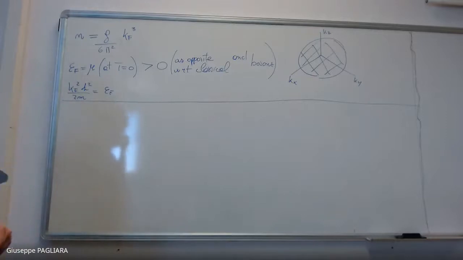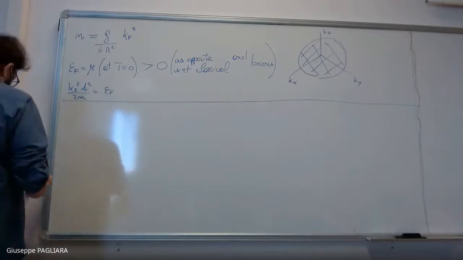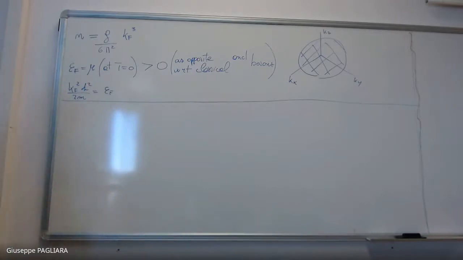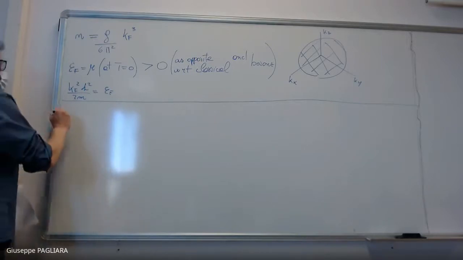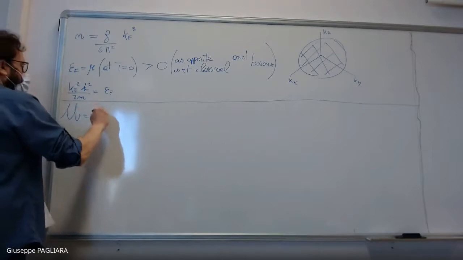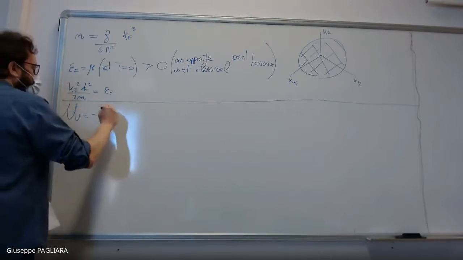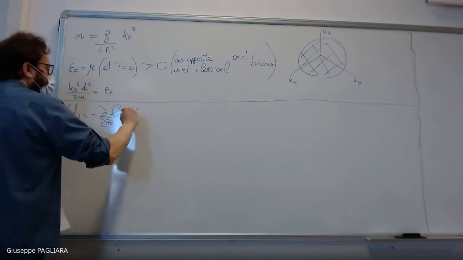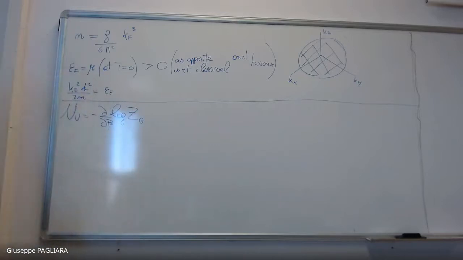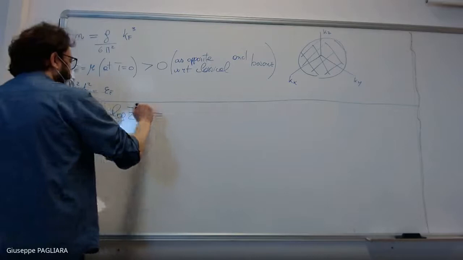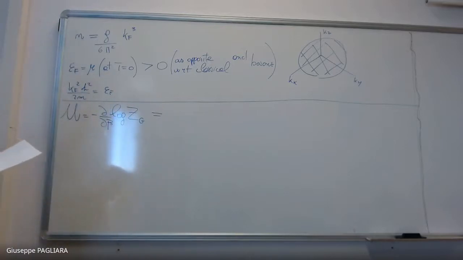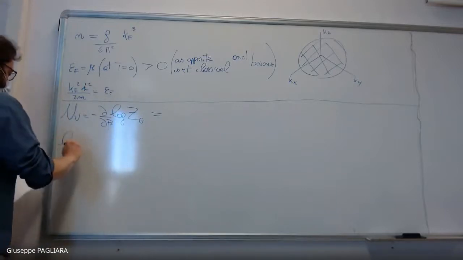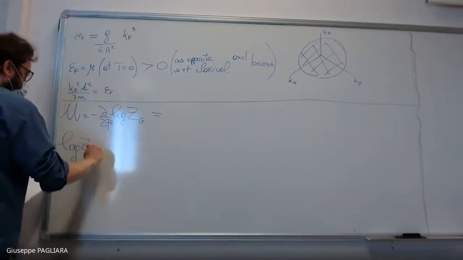Now, what we need to do is to compute the equation of state, and to compute the equation of state, we need to compute the logarithm of the grand canonical partition function, and then, for instance, if we want to compute the internal energy, we have to do the minus derivative with respect to beta of the log of the grand canonical partition function, which in this case is the following. Let me write here the log of the grand canonical partition function.